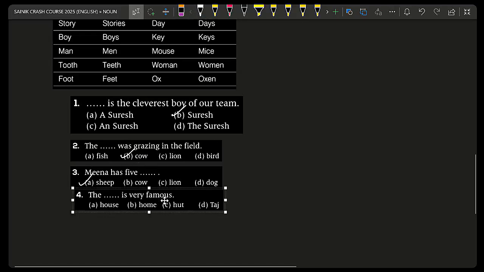The dash is very famous. Option A, house. Option B, home. Option C, hut. Option D, Taj.